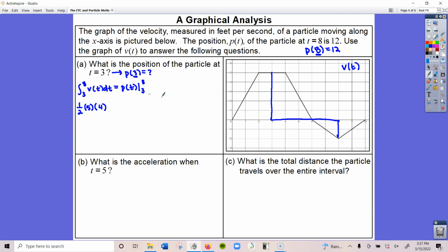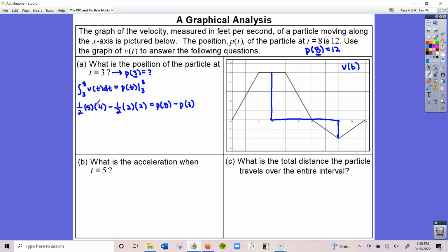Since the triangle is below the x-axis, I'm going to subtract 1/2 the base, which is 2, and the height, which is also 2. And that's going to equal P of 8 minus P of 3.